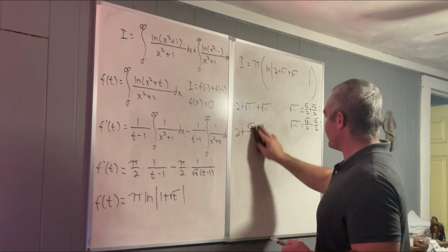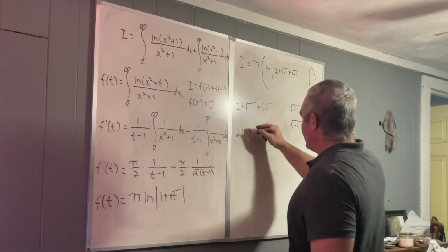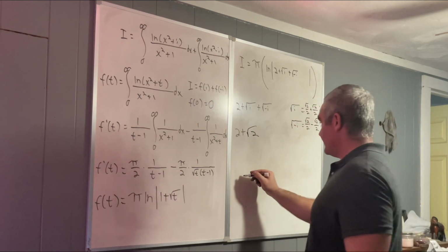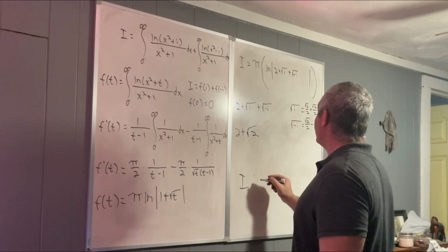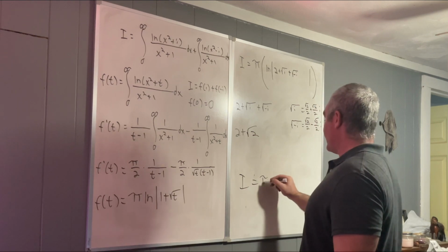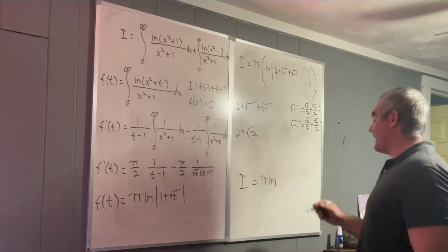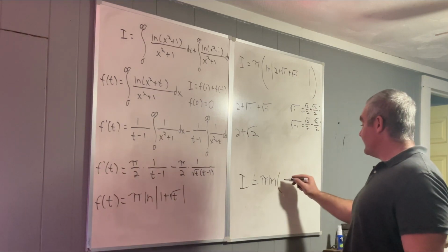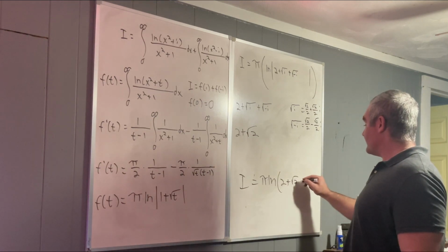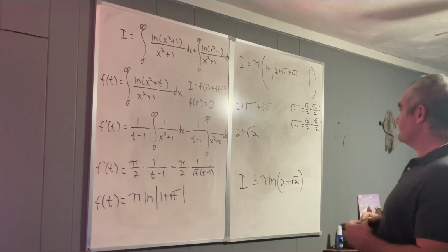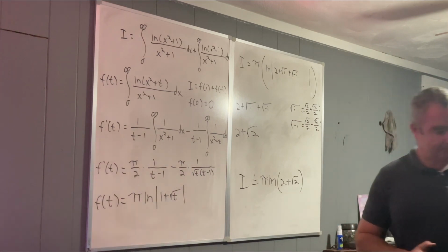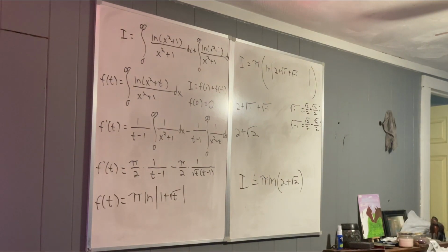This just becomes a square root of 2, giving us I is equal to pi times the natural log of, we don't need the absolute values anymore, 2 plus the square root of 2. Let me double check that. Pi times the natural log of 2 plus the square root of 2. That is correct. There you go.